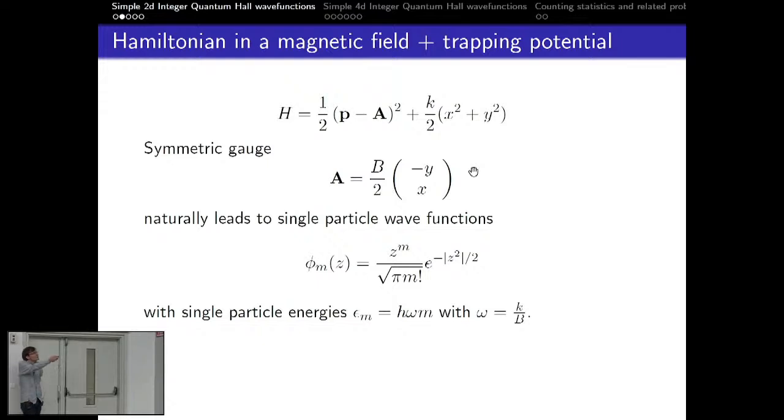You get these simple wave functions, and since it's a free fermion problem, and this is a workshop on determinantal point processes, it induces a determinantal point process with a correlation kernel, which is a projection kernel constructed out of those single particle wave functions.